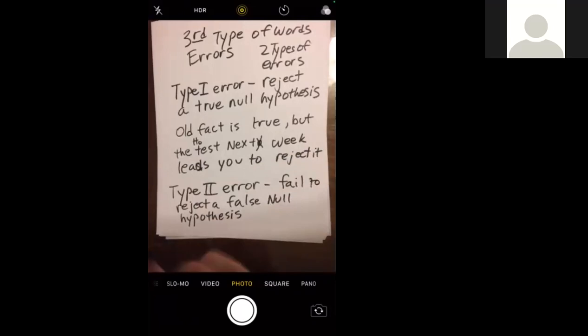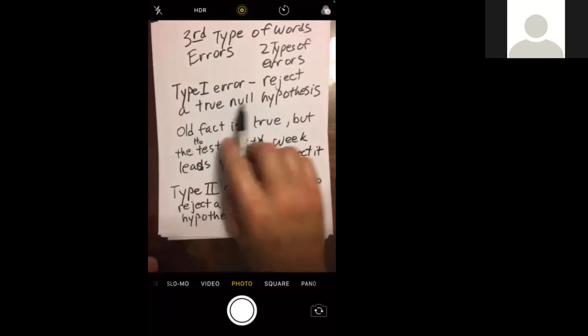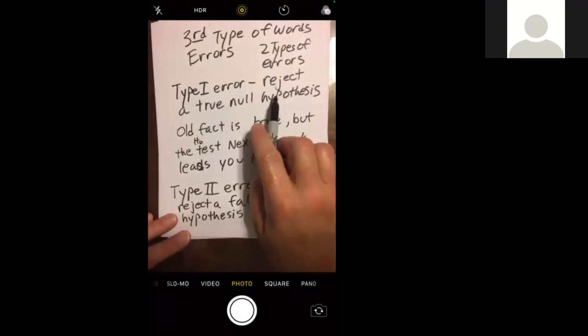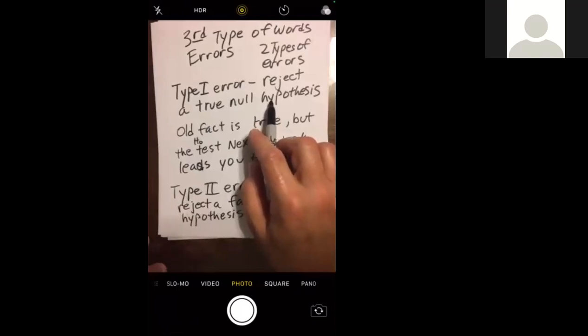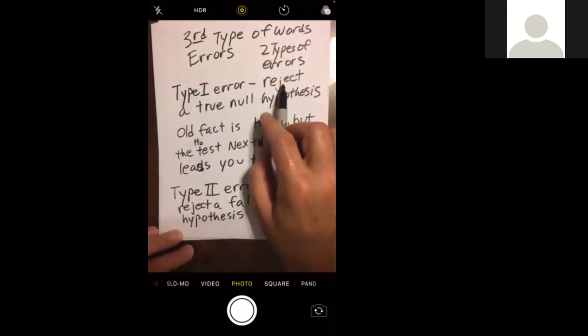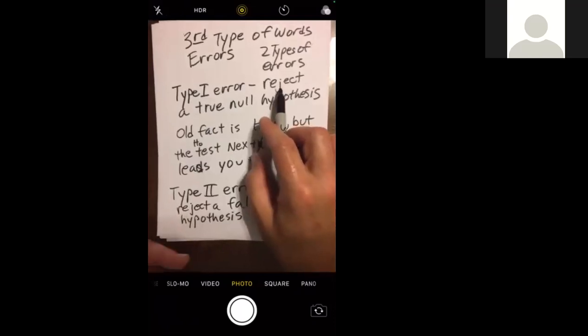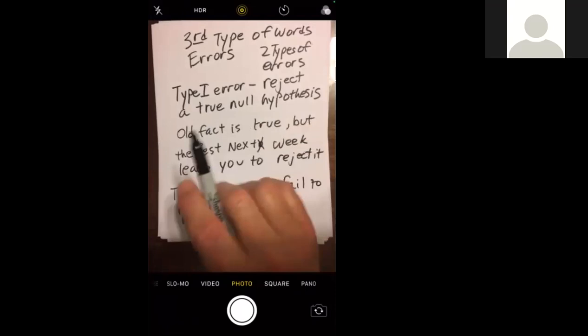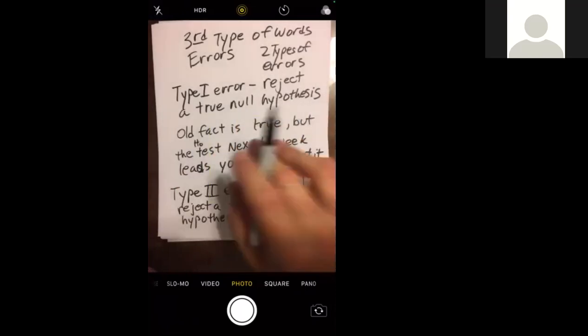Yes. Okay. So a type 1 error is when your null hypothesis is true, meaning they've charged you with something and you really are innocent. But you go to court, do your trial, and the jury rejects it and finds you guilty. But you're really innocent. If you watch the newspaper, it happens on occasion.